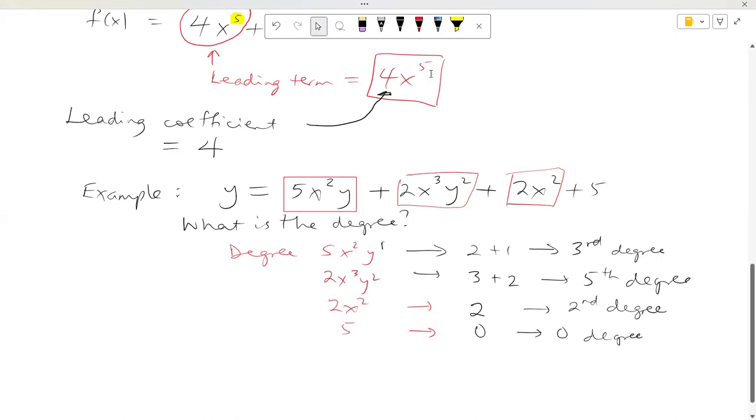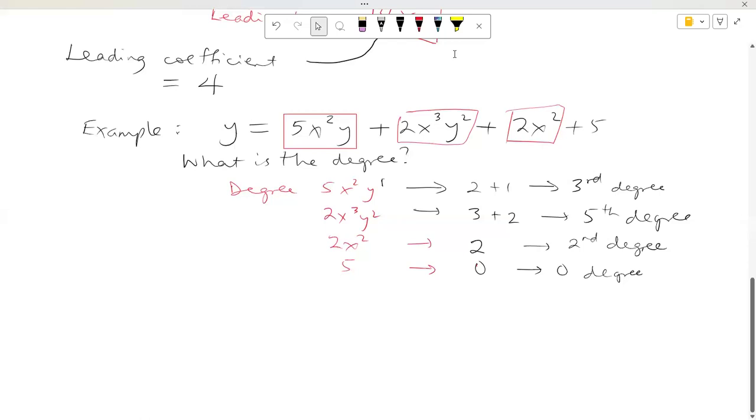Okay. So what is the degree of the entire polynomial after you determine the degree of each term? Now, the degree of the entire polynomial here is going to be the highest degree, right? So if I look at all the degrees for each term, the highest one comes from this term here.